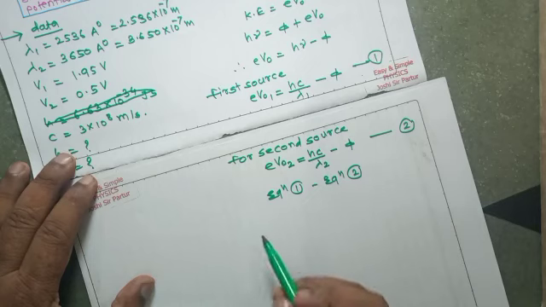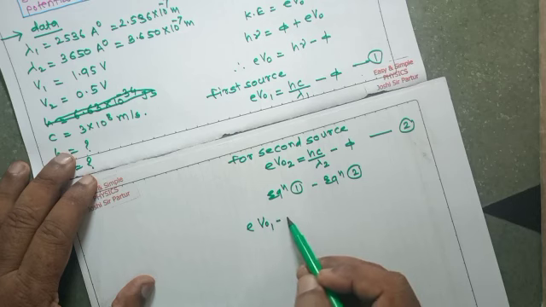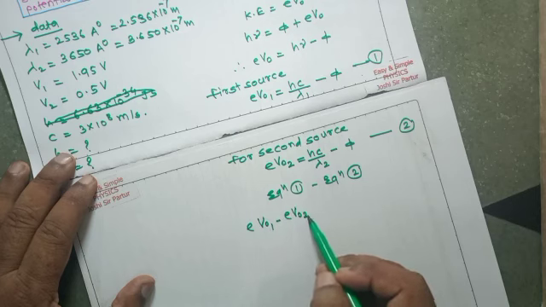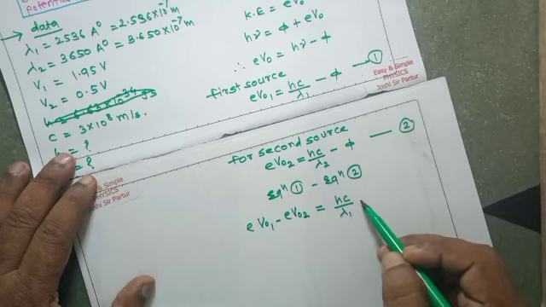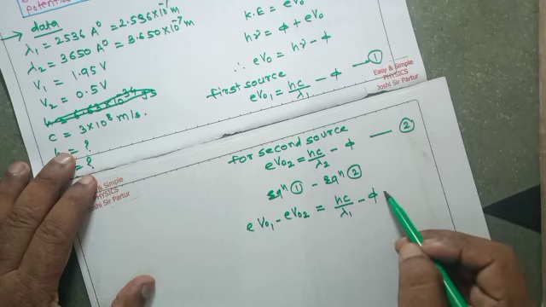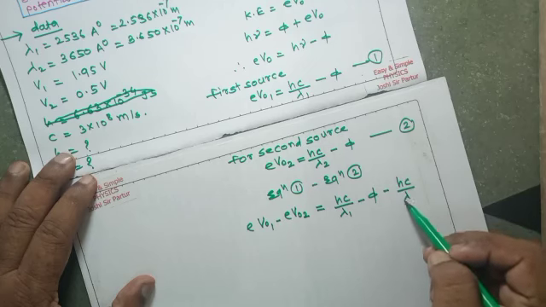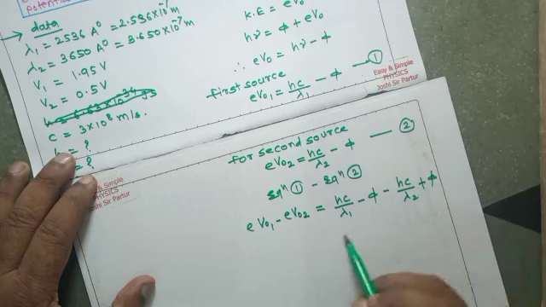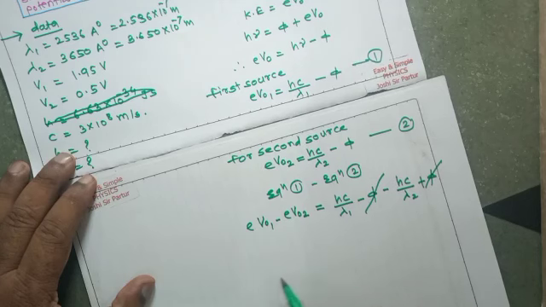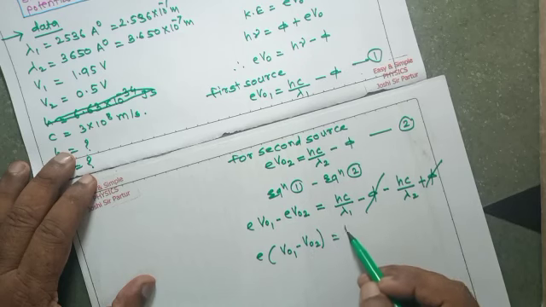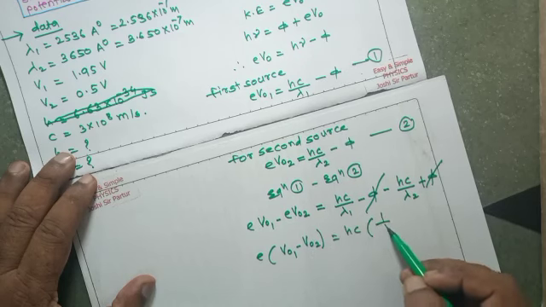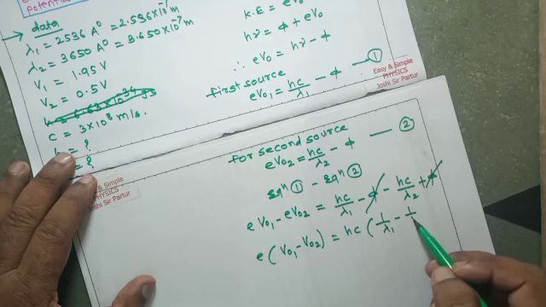V01 minus V02 is equal to hc upon lambda 1 minus phi minus hc upon lambda 2 plus phi. Phi gets cancelled. So e in bracket V01 minus V02 is equal to hc in bracket 1 upon lambda 1 minus 1 upon lambda 2.